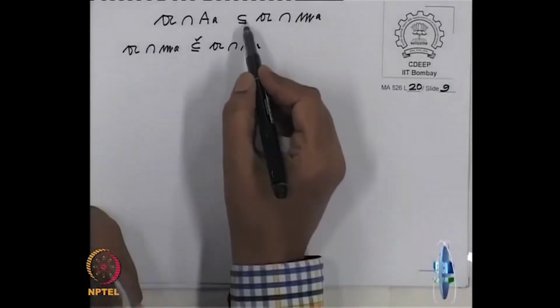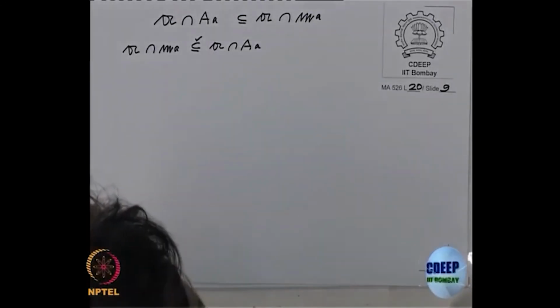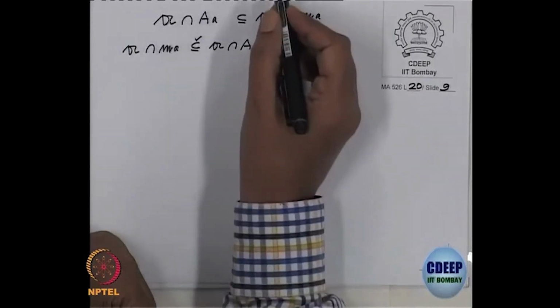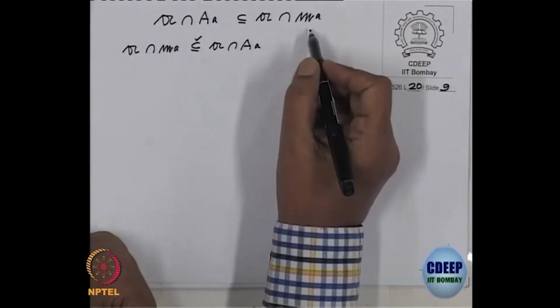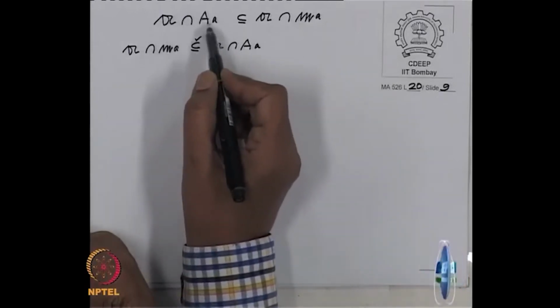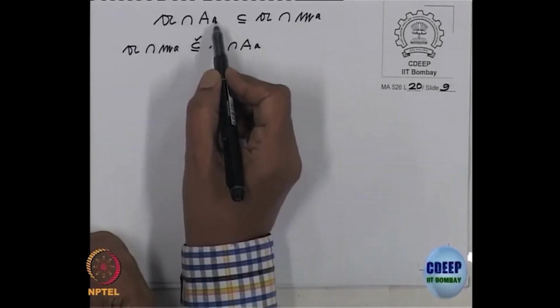This is the ideal generated by A. Obviously, this is a smaller ideal, so this is a bigger ideal, so this is clear. So, this one we have proved it, because if you take any element here, it will be a multiple of A, call it BA.